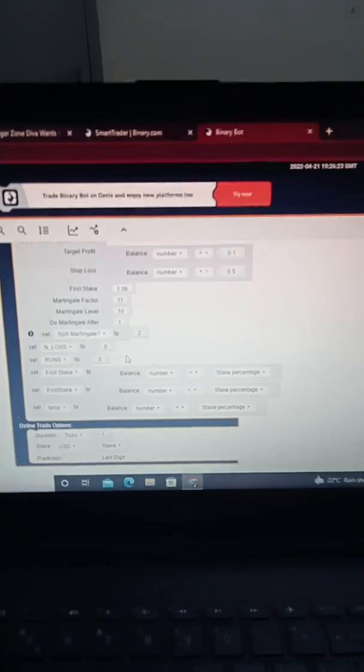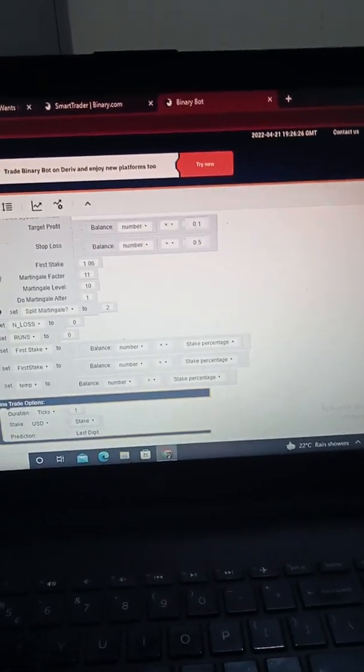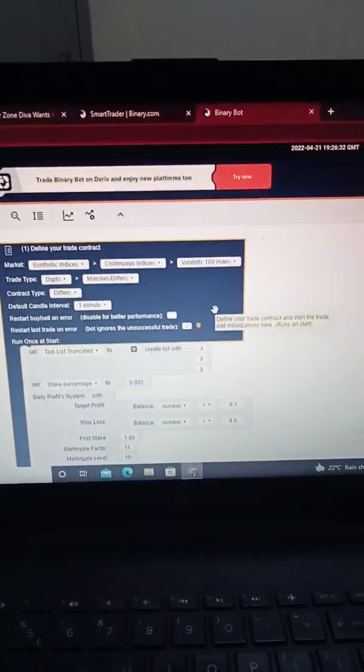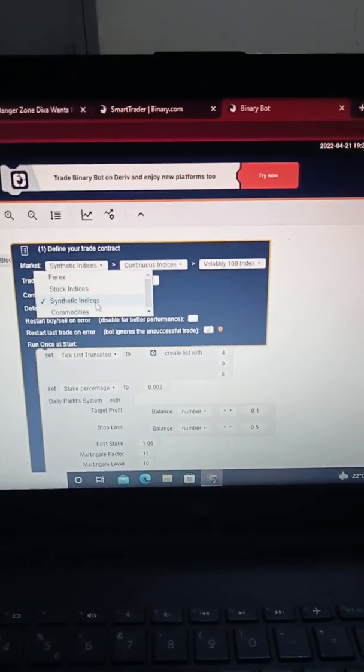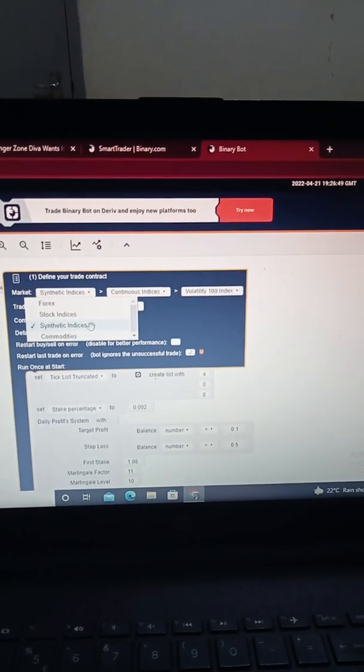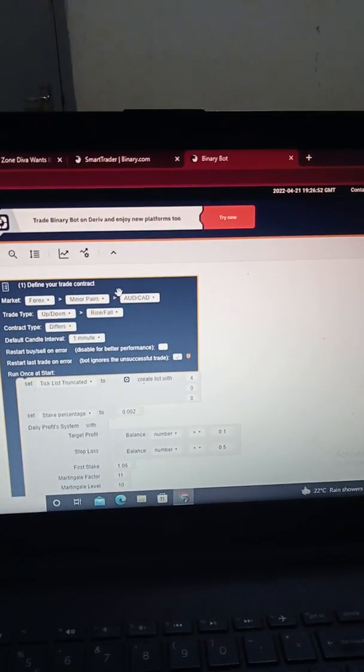Now let me bring the camera closer. Scroll upwards. This bot is customizable. You may choose the market type you want to trade, whether you want to trade forex, stock indices, synthetic indices, or commodities. For today we choose synthetic indices, or let's choose forex.